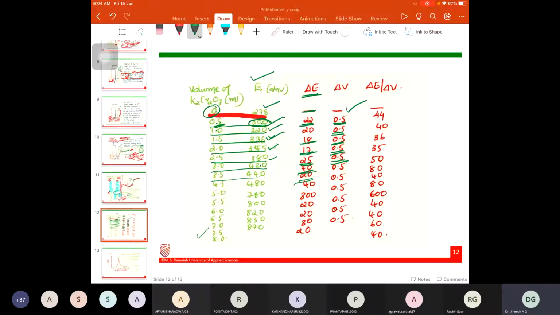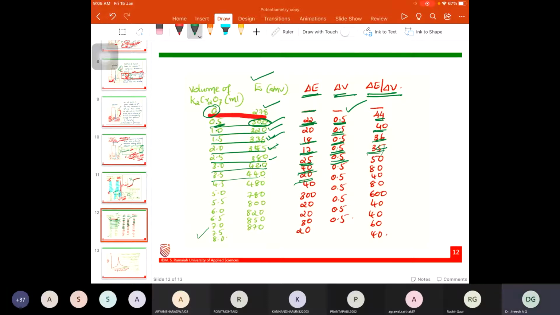Now, next step, you divide delta E by delta V. Delta E 22 by 0.5, you will get 44. 20 divided by 0.5, you will get 40. 18 divided by 0.5, you will get 36. 17 divided by 0.5, you will get 34.